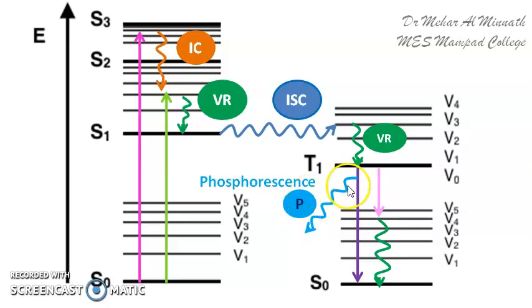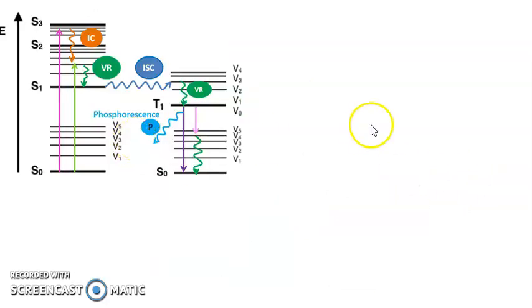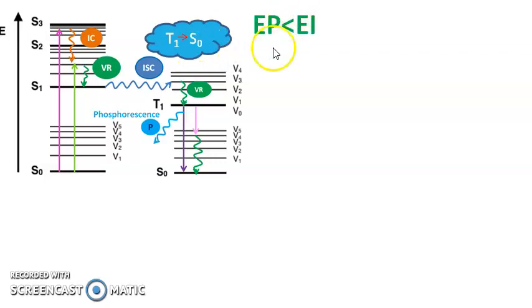Now we need to focus on a few more points regarding phosphorescence. This phosphorescence, as we said, is the movement of electrons or the system from the triplet excited state to the singlet ground state. Because of that, the energy of phosphorescence is less than the energy of incident, excitation or irradiation light.